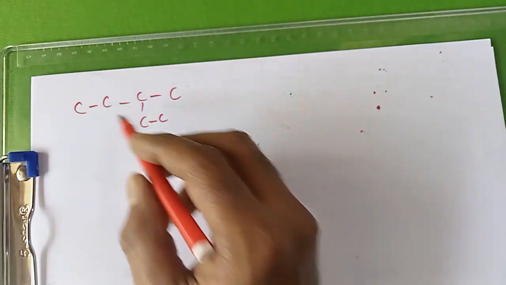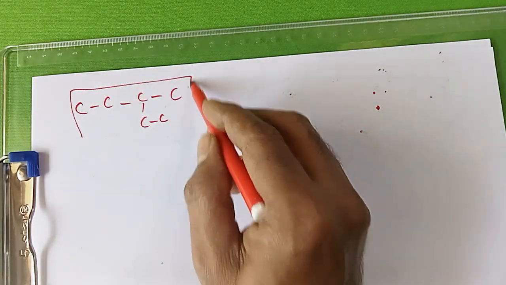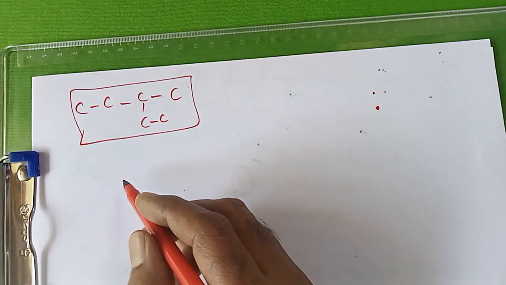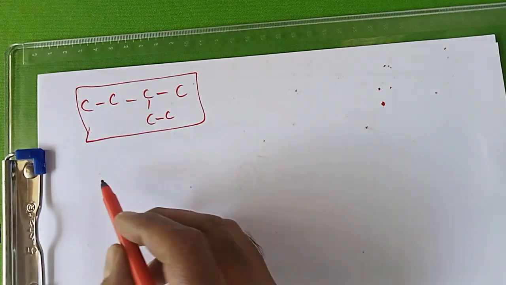This example is already completed now. This structure, because the third carbon is completed. Okay. Now we move to this one. C.